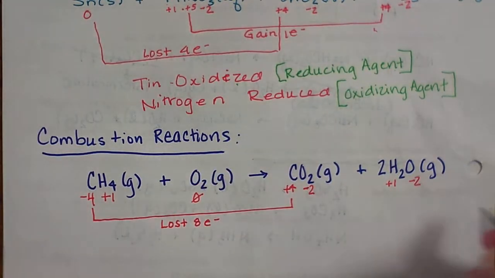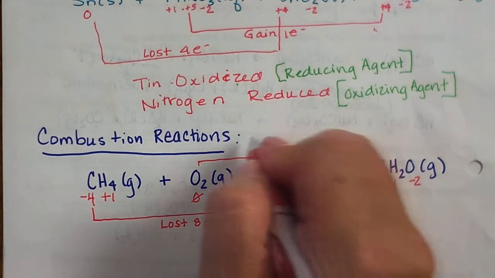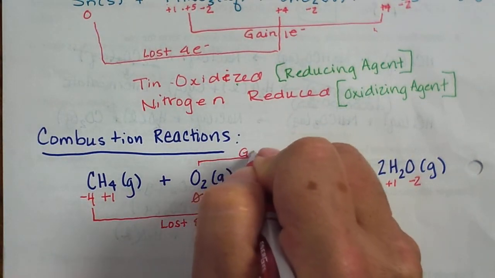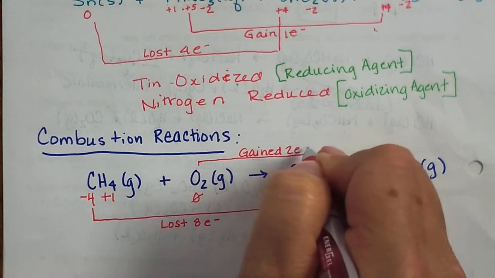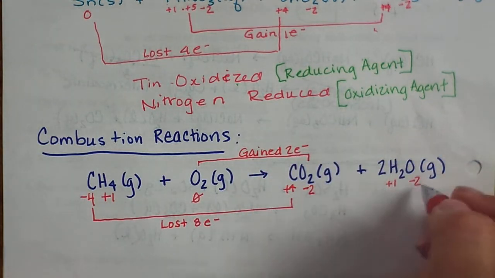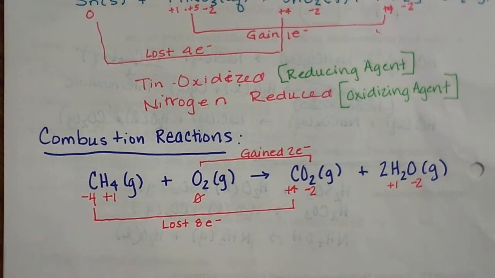Oxygen has gained 2 electrons, and it's done it twice. See that? So when I balance this equation, it's going to look like this.